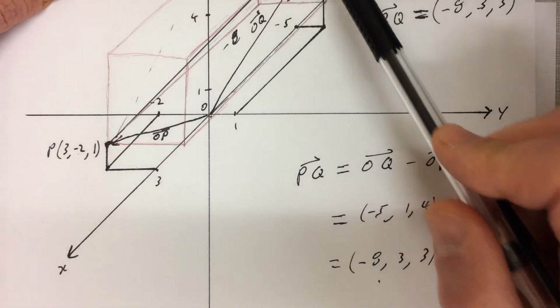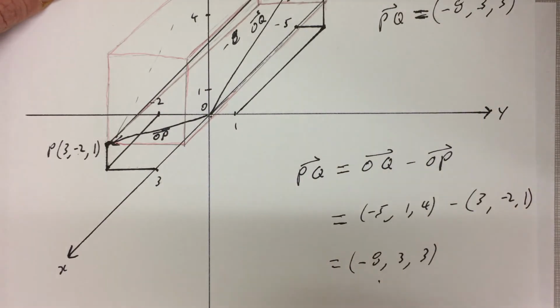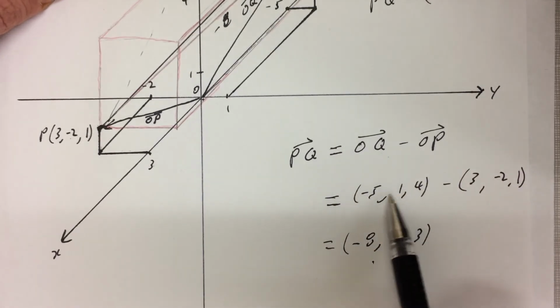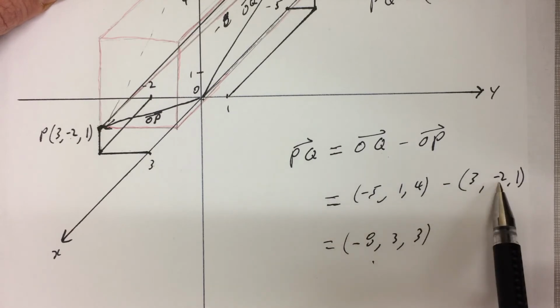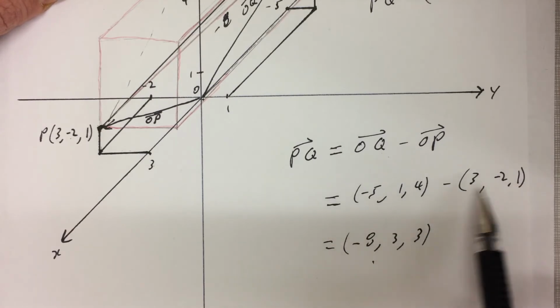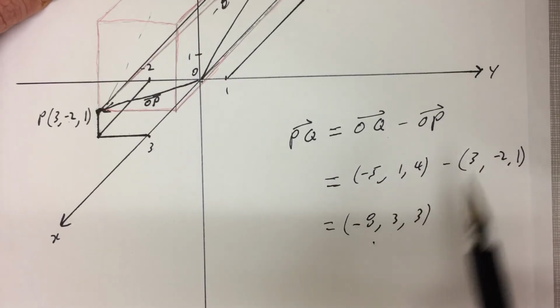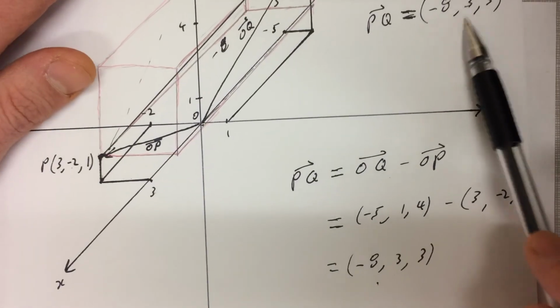So it's going to be PQ equals OQ minus OP. Same rule works in 3 dimensions as it did for 2 dimensions. And when you fill in these coordinates of the vectors, negative 5, 1, 4 is for OQ, 3, negative 2, 1 is for OP. These are now vectors, not points. Subtract them, you get the same answer that we did when we looked at it logically and translated it above here.